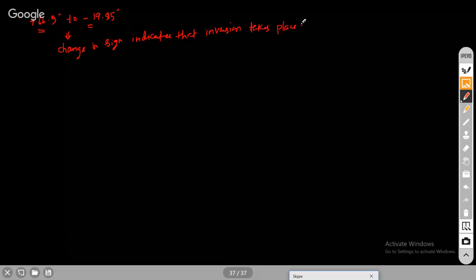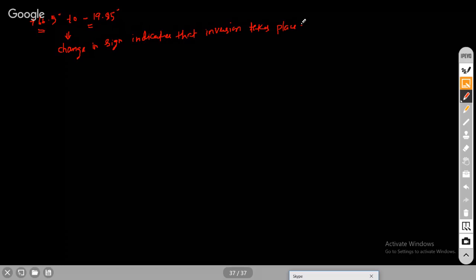This hydrolysis takes place in presence of any mineral acid or enzyme, which we call invertase.